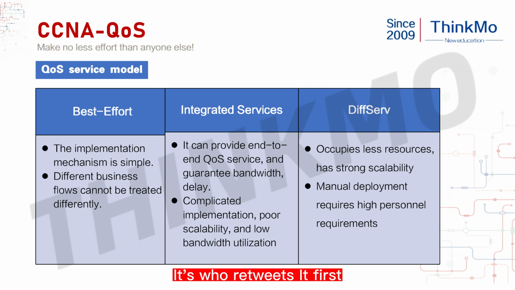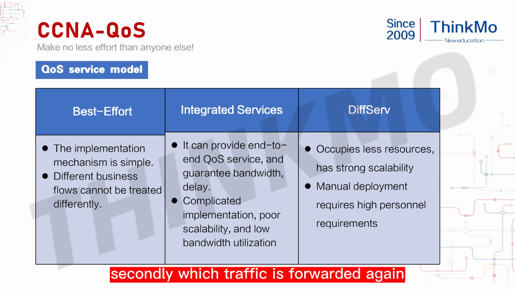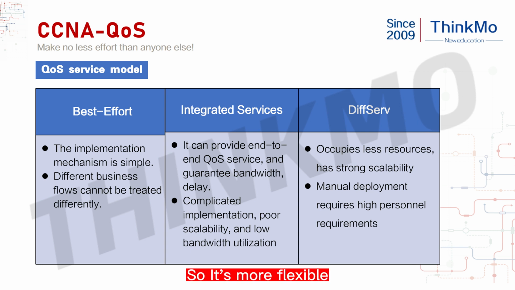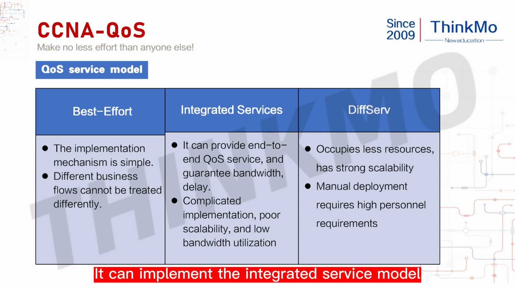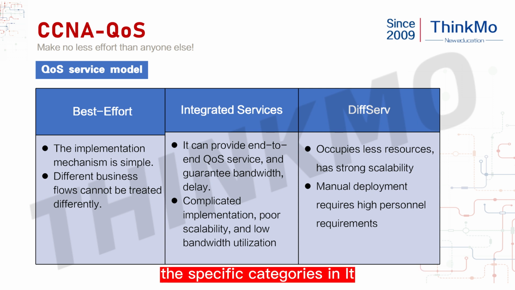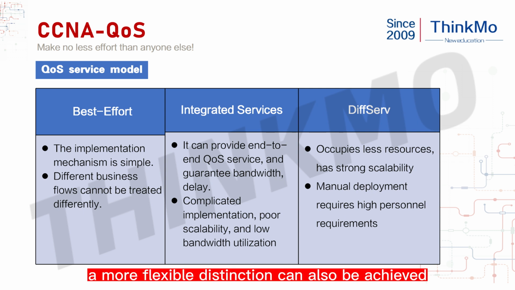It's which is forwarded first, which is forwarded later, and secondly, which traffic is forwarded again. So it's more flexible. It can implement the integrated service model's specific categories, and a more flexible distinction can also be achieved.